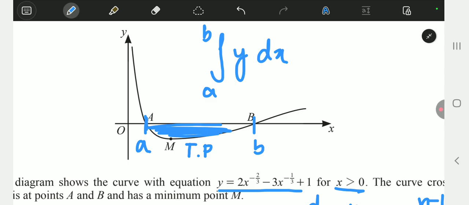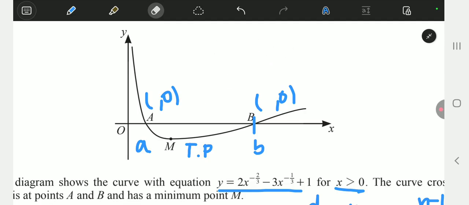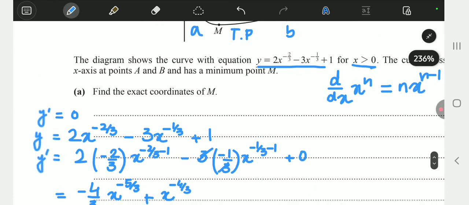As we know that in the curve, wherever it is meeting at A, y is 0 here, so we can put y equals to 0 in this equation, and for point B as well, we have the same thing. So to find the values of coordinates A and B, we need to put y equals to 0 in the equation of the curve to find the x value. So let's do that. Y is equals to 2x^(-2/3) - 3x^(-1/3) + 1.